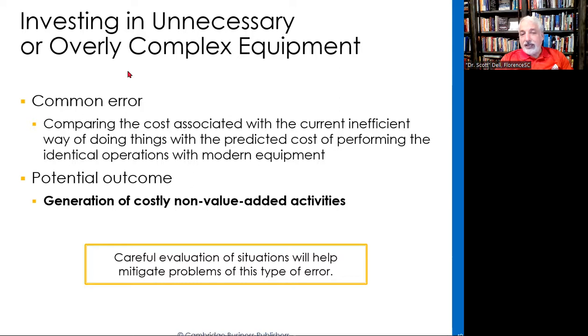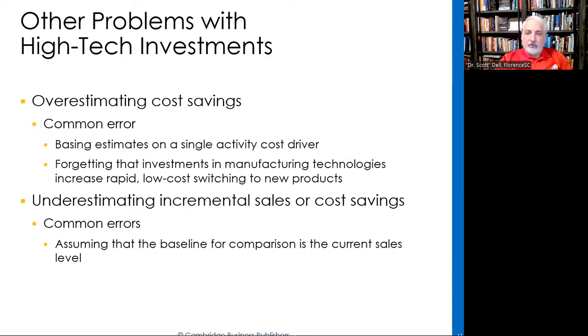So we need to be careful when we evaluate and understand these potential errors in our logic and in how we think about things. As I said, we may overestimate the cost savings, base estimates on a single activity cost driver. And again, ABC was that more accurate method of analyzing overhead costs. Or we forget that investments in manufacturing technologies increase rapid, low-cost switching to new products.